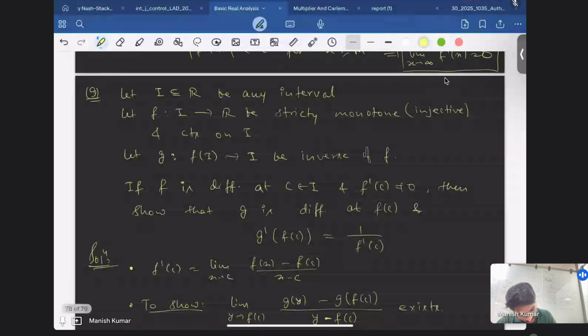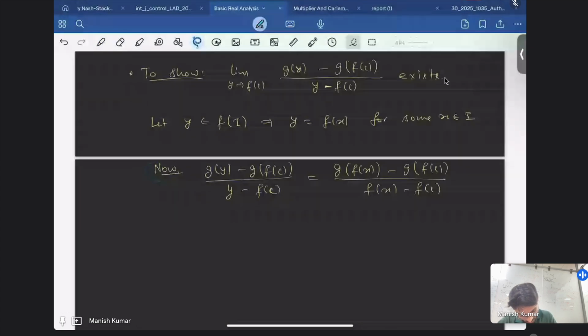Okay, and here also the same thing, that limit f of x goes to f of c, this kind of thing I'll have to write, right? Now I know f is given to be differentiable at c, so it is continuous also at c.